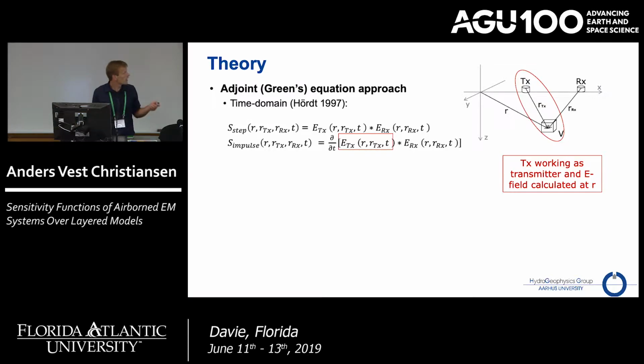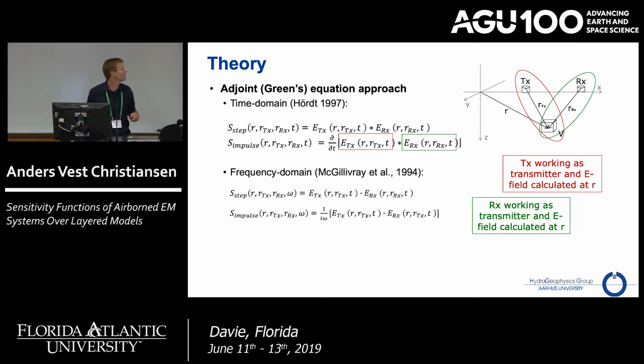And those two E fields are, just to lay it out here, the first term here is basically where you have the E field from the transmitter working as a transmitter. So that's the normal way we think of a transmitter, calculated at some position in the subsurface with a distance r, or a position r here.